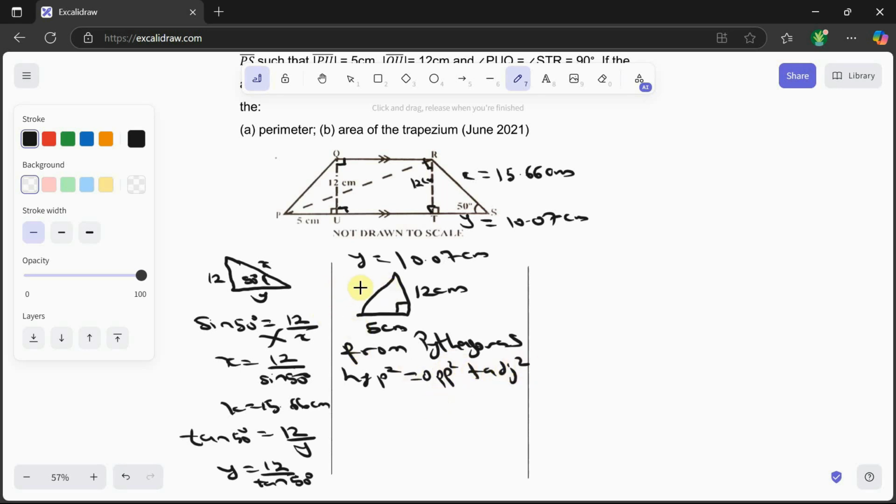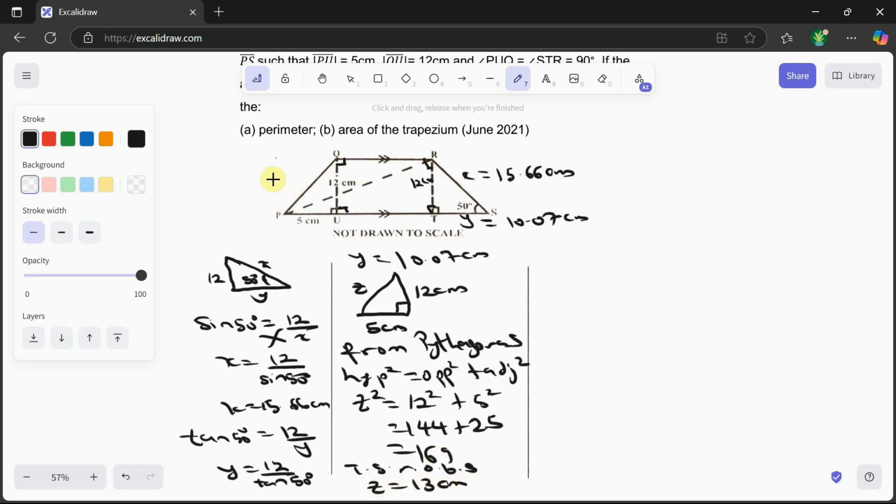Hypotenuse is what we're looking for. Let's call it Z. So Z squared is equal to 12 squared plus 5 squared, and that's equal to 144 plus 25, which is equal to 169. If I take square roots of both sides, our Z will just be equal to 13 centimeters.